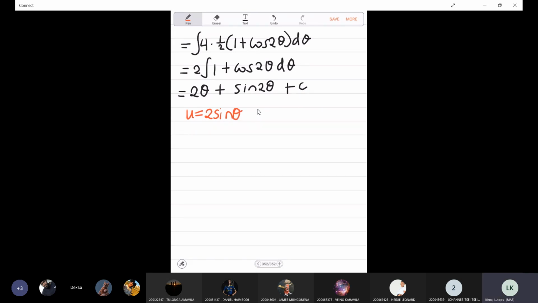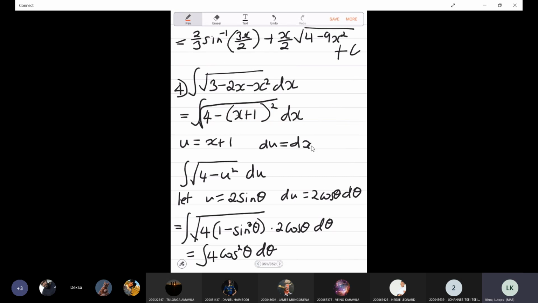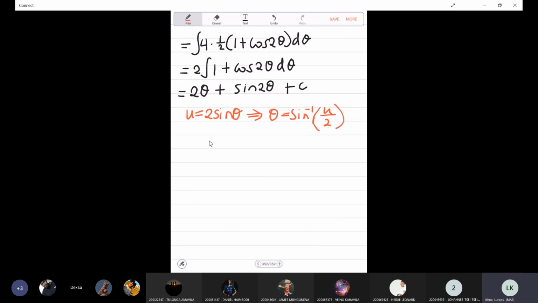So we need to know what theta is. Theta is sine inverse of u over 2. And then u is x plus 1. So you can say theta is sine inverse of x plus 1 over 2.